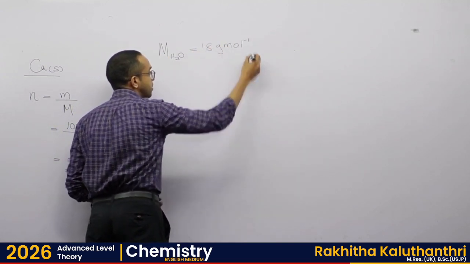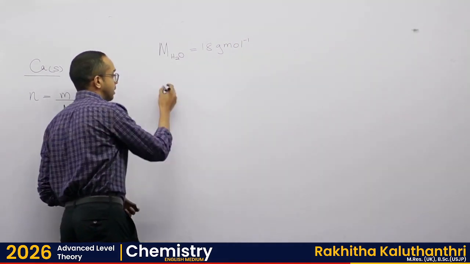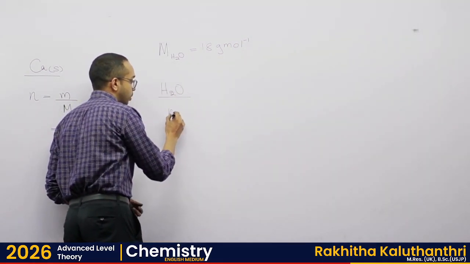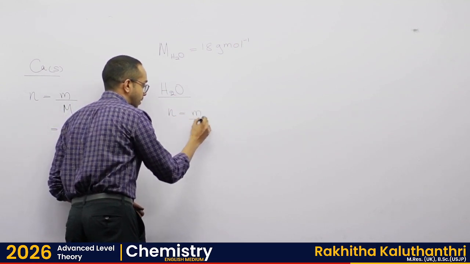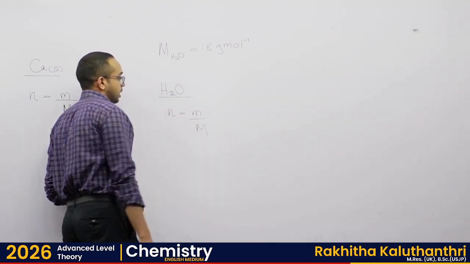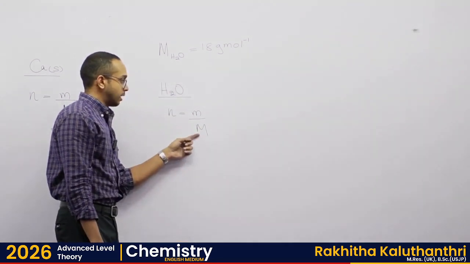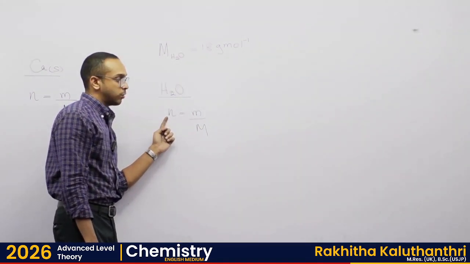I'm just giving you that information here. Then we can write H2O here, and number of moles is equal to mass divided by molar mass. Now I know the molar mass of H2O, and they say find the mass for 5 moles.